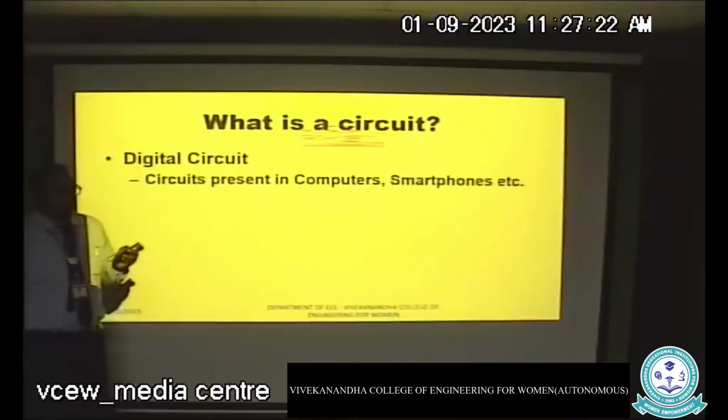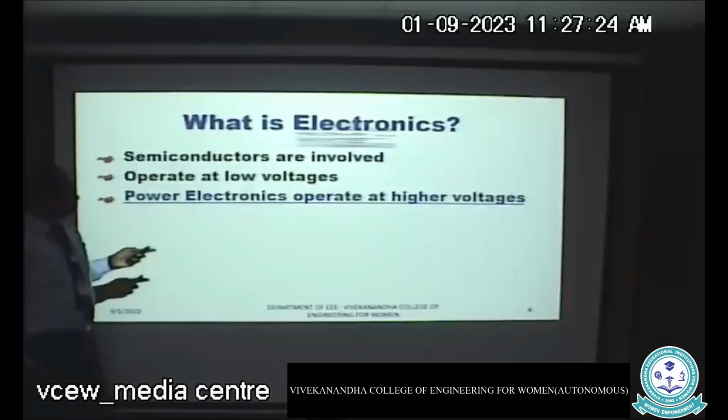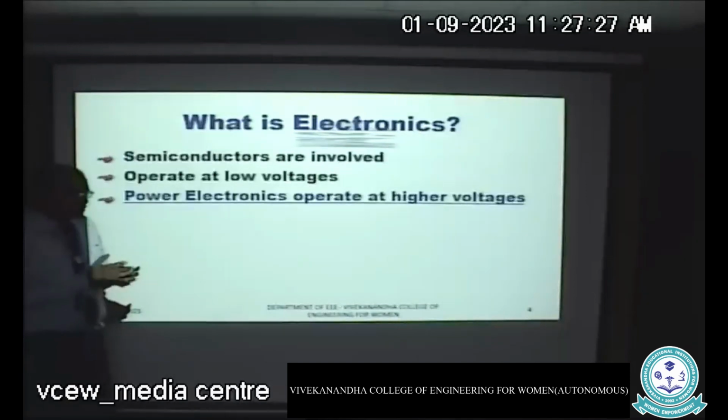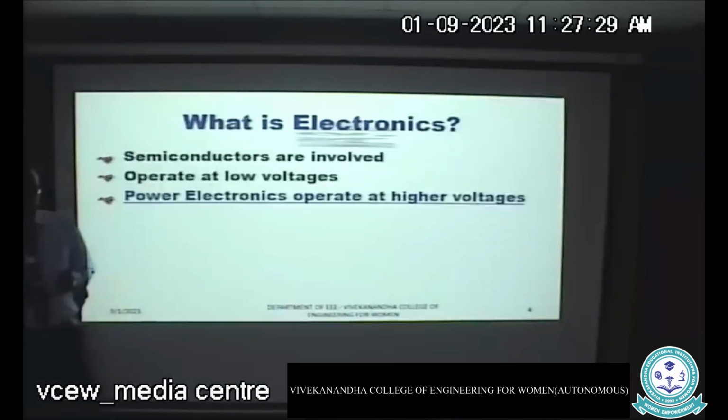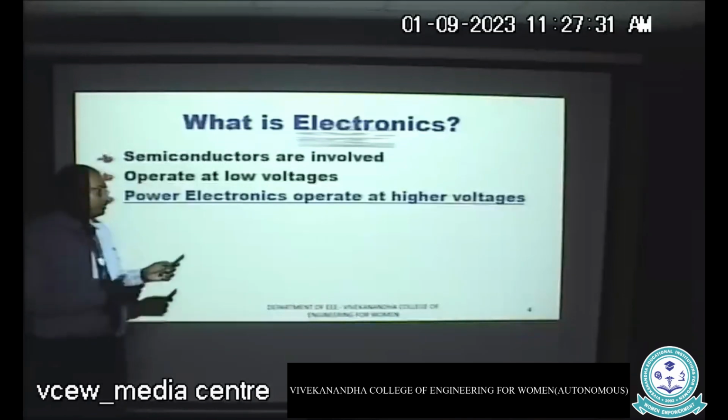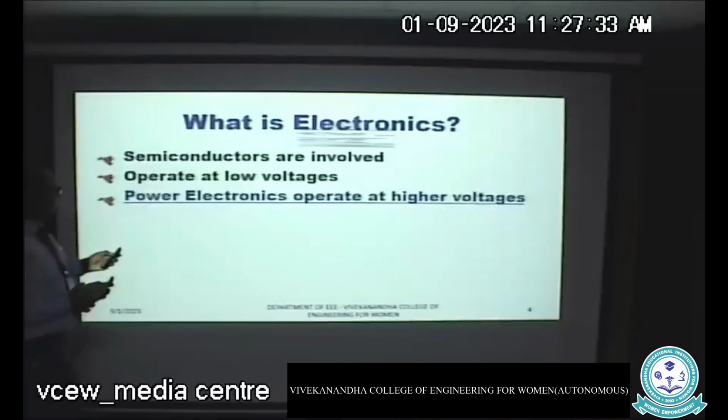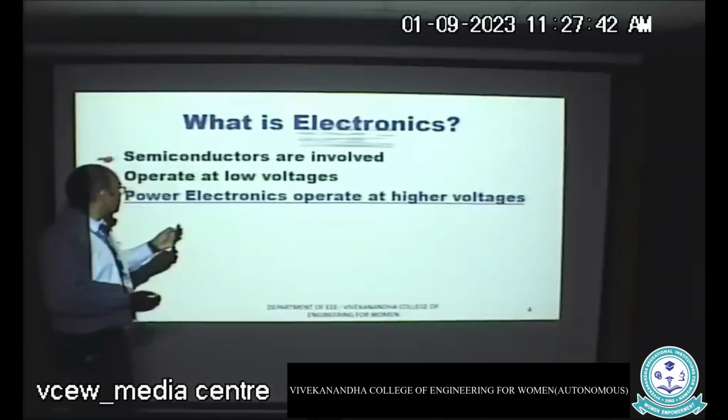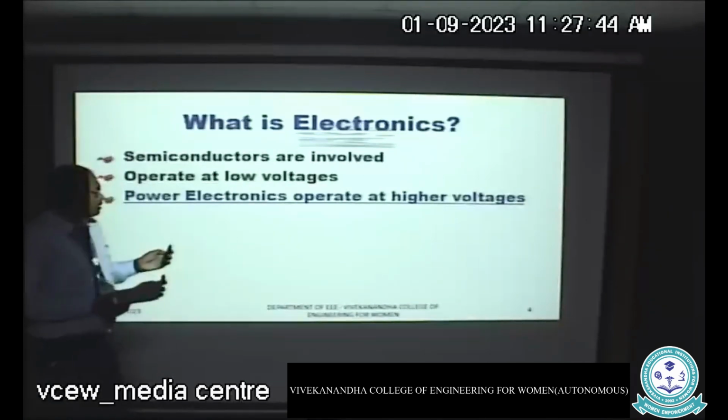We study digital logic circuits, and sometimes we call it digital electronics. So what is electronics? In electronics, semiconductors are involved. What about electrical? Electrical machines are involved. Here we are talking about semiconductors, and electronics operate at low voltage.